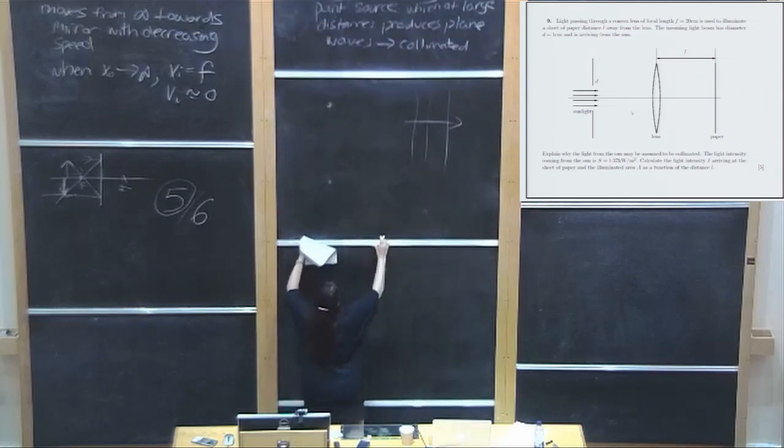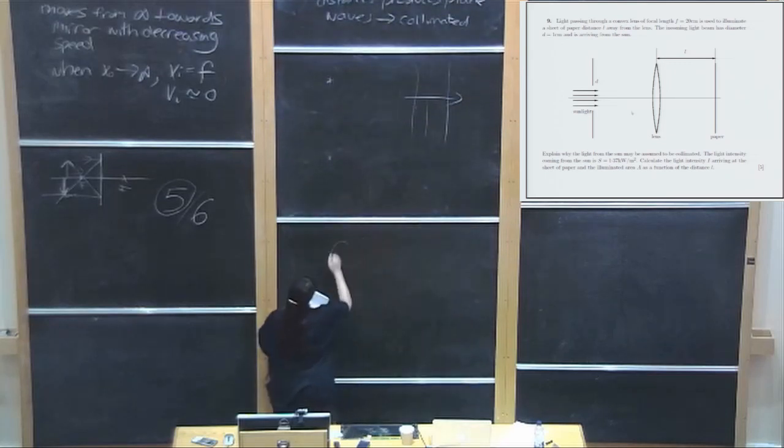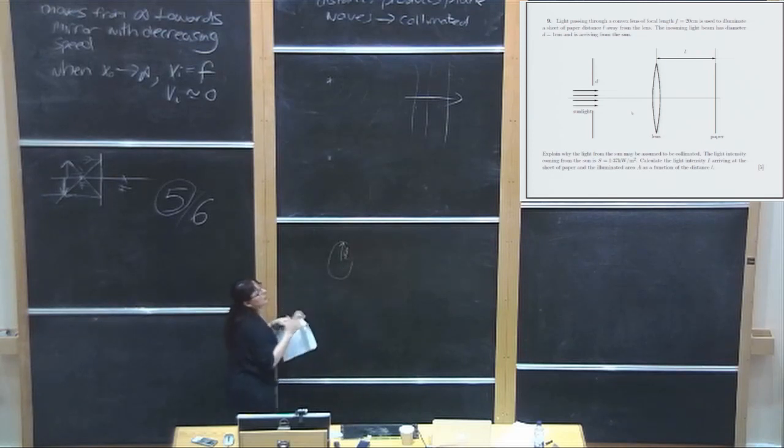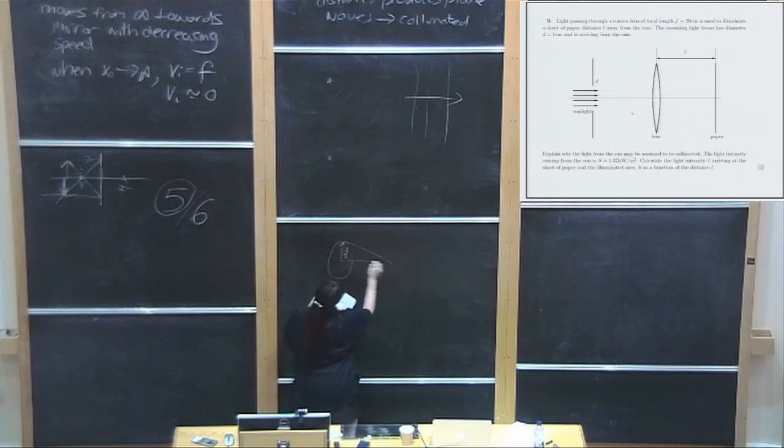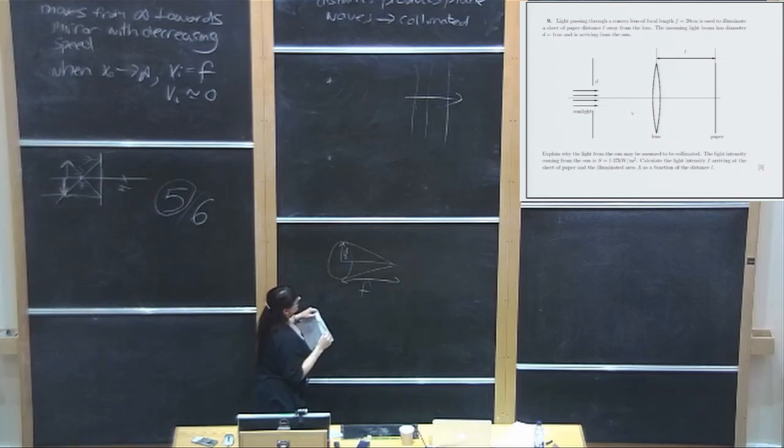Right, so what have we actually got going on? We've got the circular cross-section of my incoming beam of light. We've got a lens here, and because this beam is coming in parallel, this is all going to be focused down to some point one focal length away from the lens.